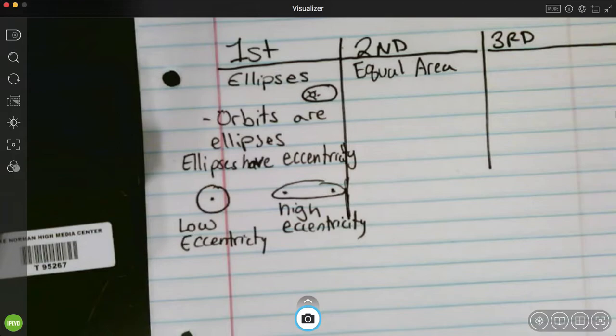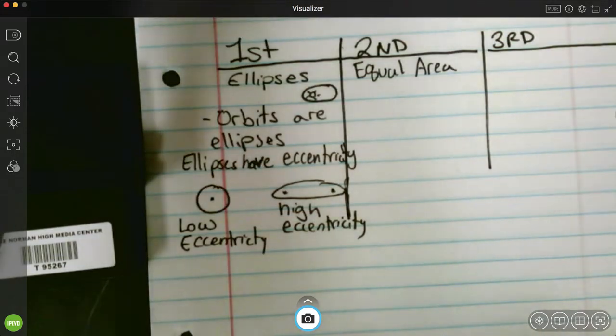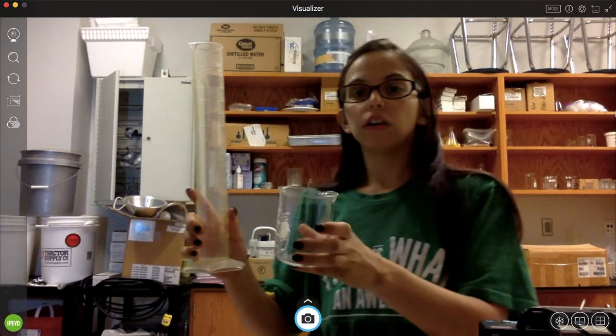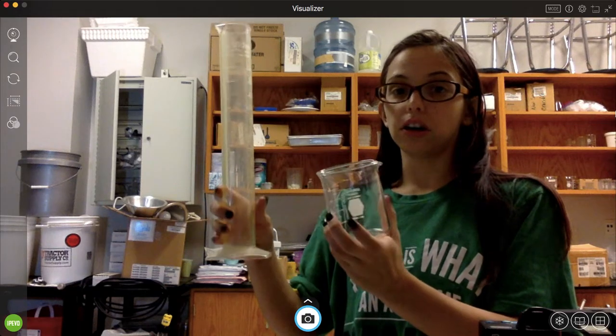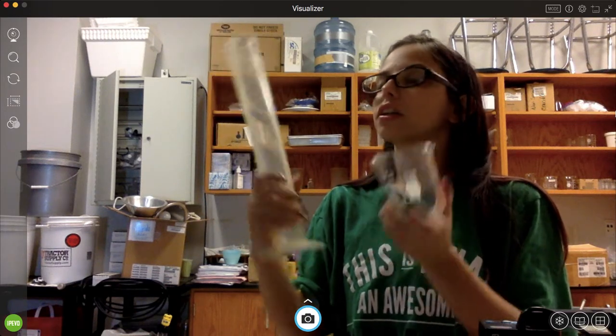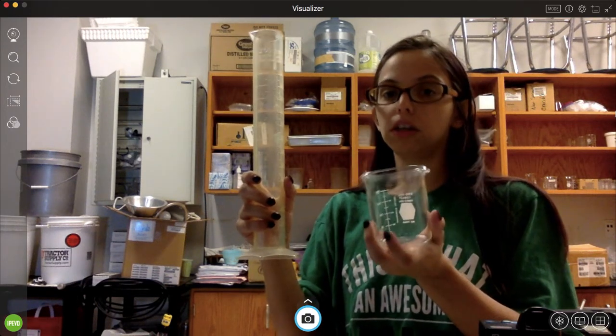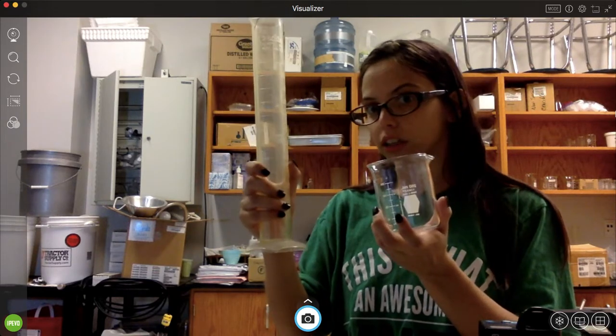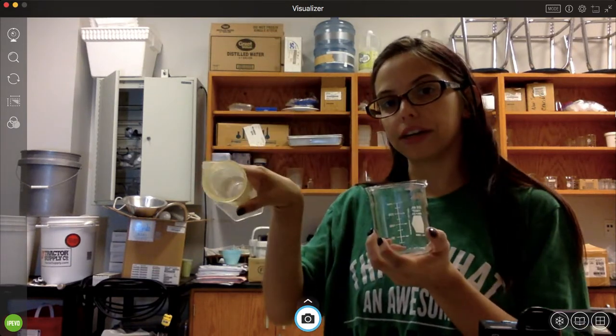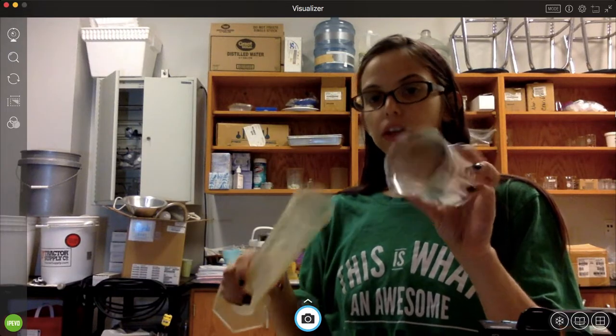If you have a tall, skinny container versus a short, fat container, these two containers can hold the same amount of water. It doesn't look like it because this one's a lot taller, but it's narrower, whereas this one's wider.